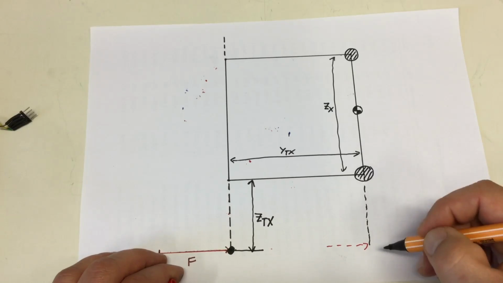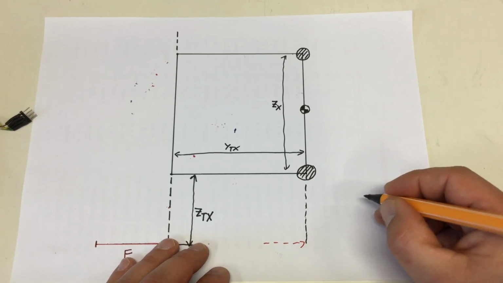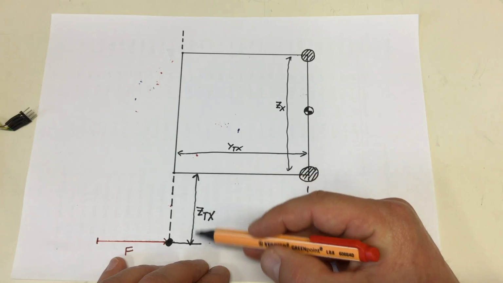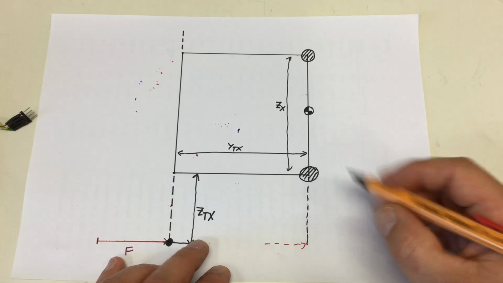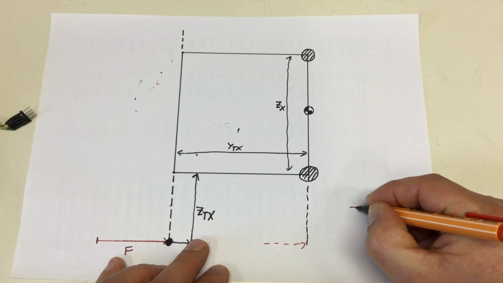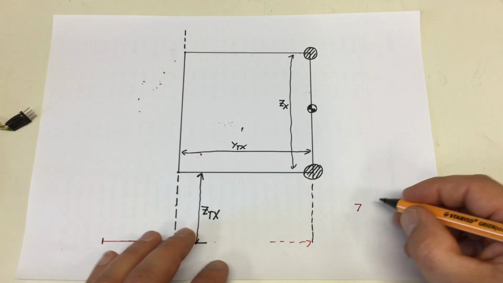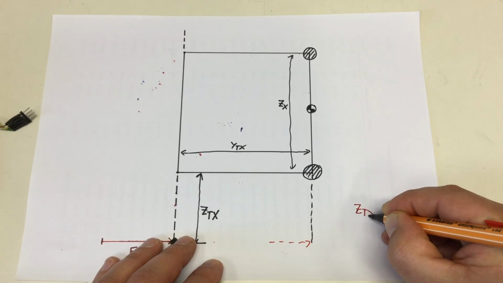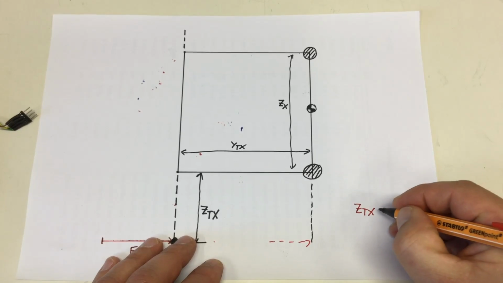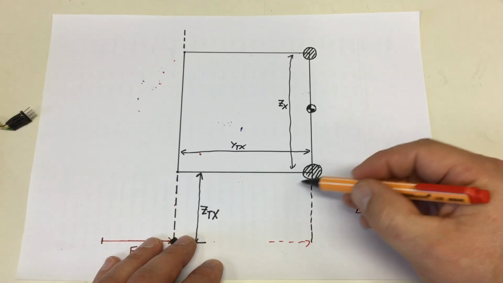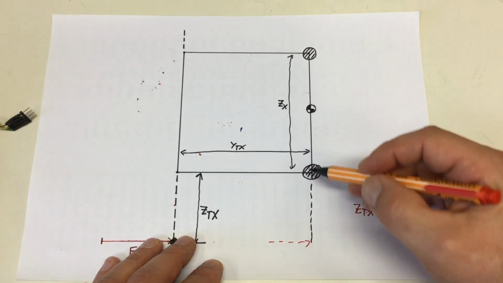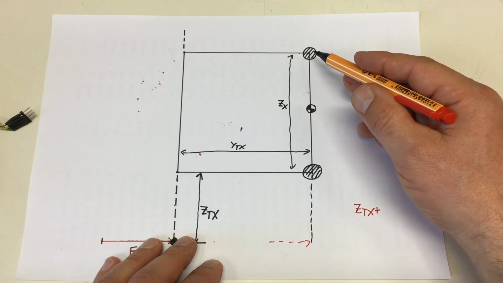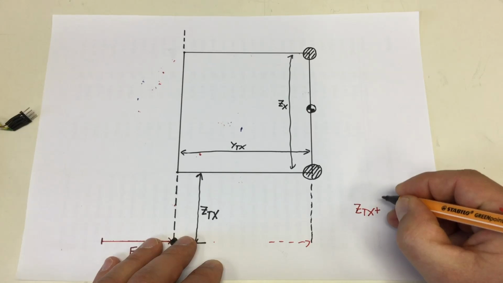Our lever is basically that ZTX, so the distance on the Z-axis between the tool and our lower bearing, ZTX plus half of the distance on the Z-axis between our upper and lower bearing.